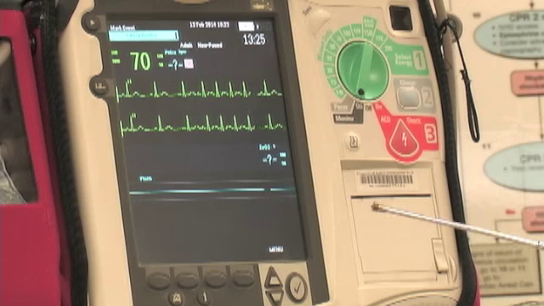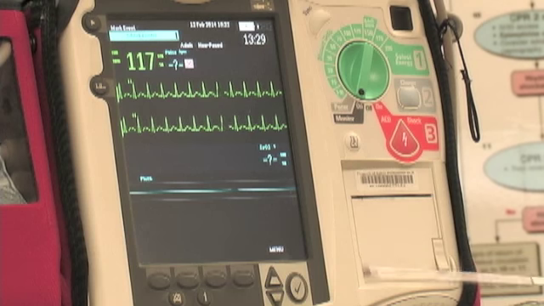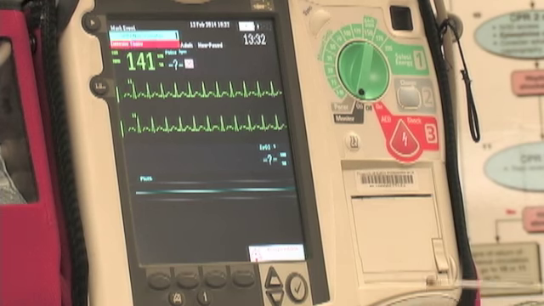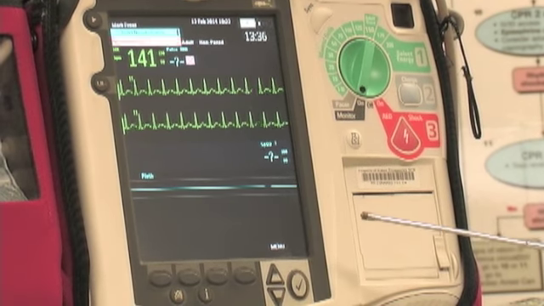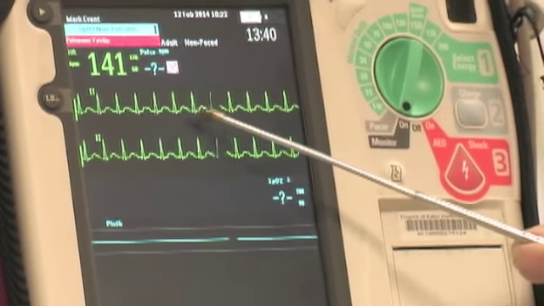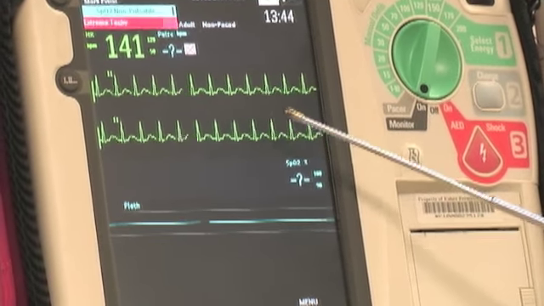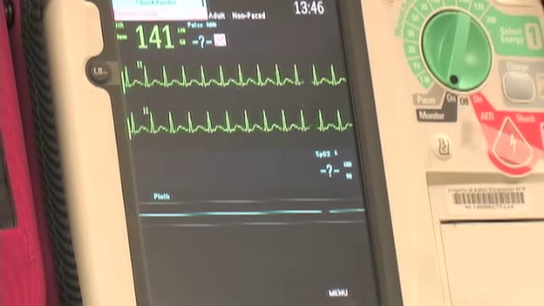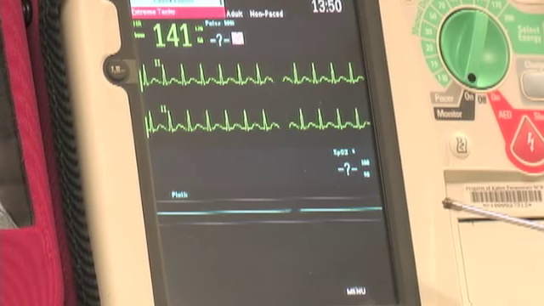Now if we take a look at the second one here, it's going a little faster. And the rate is faster than 100, so by definition it's a tachycardia. It's hard to see the P waves through here, but they are here. The QRS complexes are narrow. It's regular, and it's going at a rate of 140 or 141.